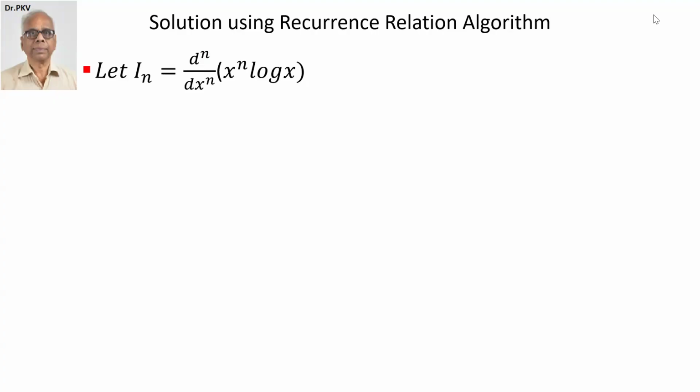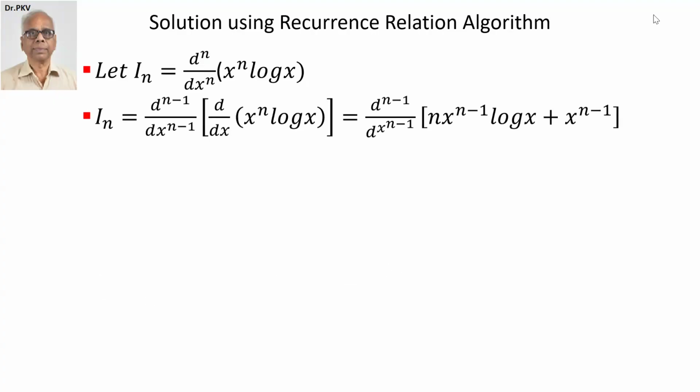So first I differentiate what is inside the bracket, x^n log x, once. So I_n is the same as the (n-1)th derivative of d/dx of x^n log x. That means you differentiate x^n log x once.